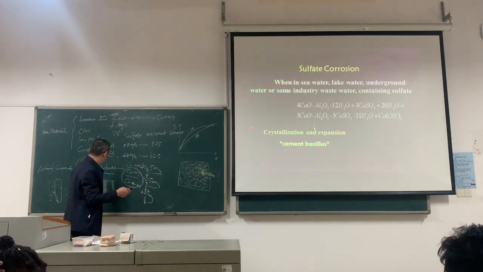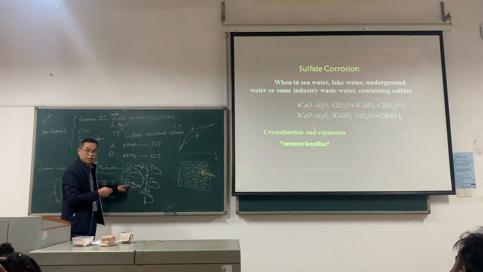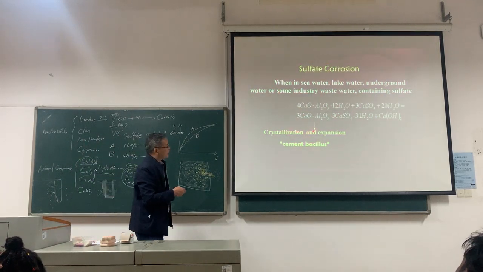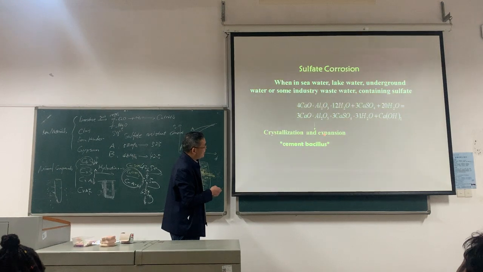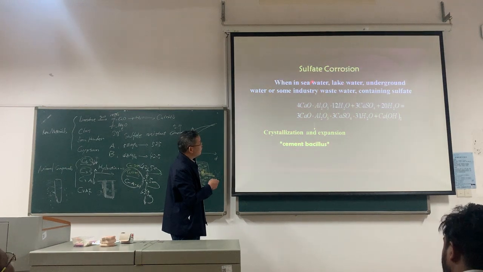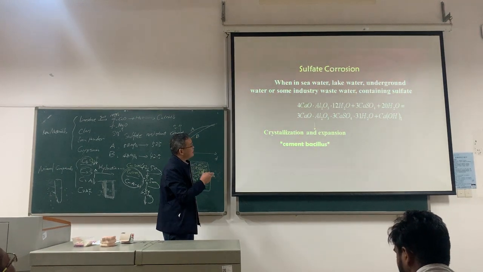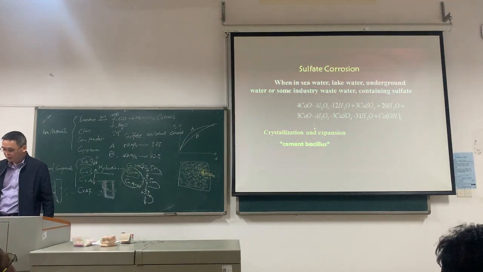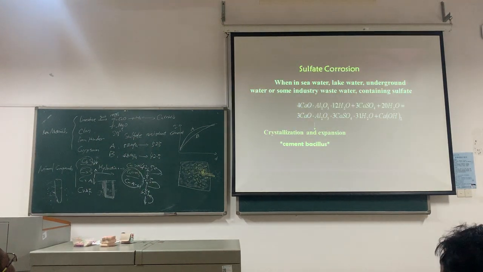This substance will react with the sulfate, and then crystallization and expansion occur in the cement. So this is the second kind of sulfate chlorine. With this cement we can get salt resistant powdered cement.